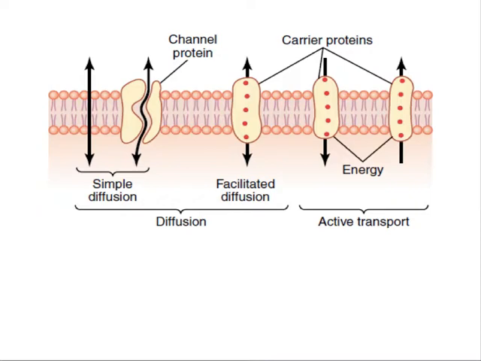Although both use the carrier proteins, in case of facilitated diffusion, an extra source of energy is not required. But in case of active transport, of course, this kind of transport always needs an extra and a unique source of energy in addition to the presence and the utilization of the carrier proteins.